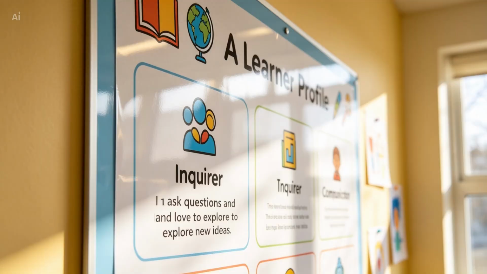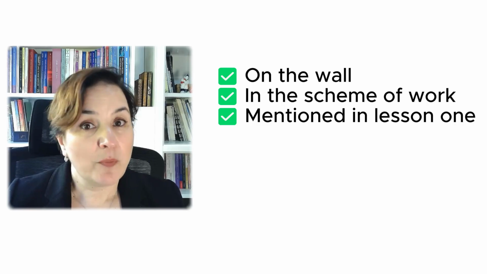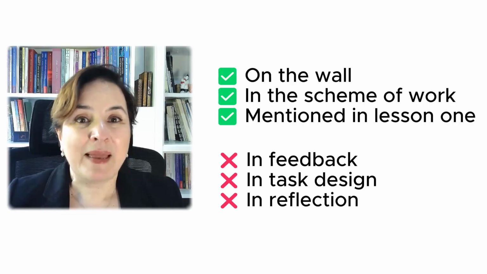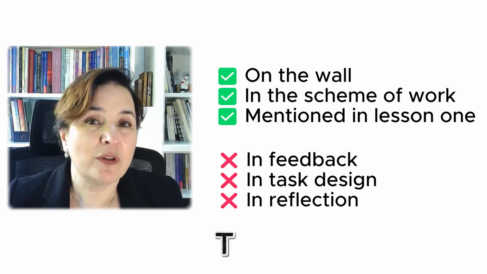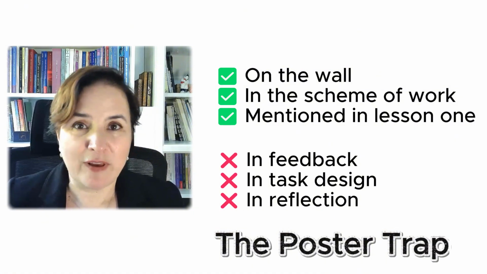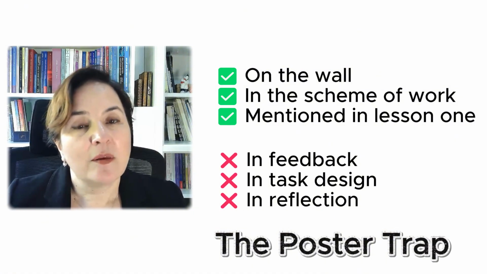I want to name these directly because it's something I see quite often. The learner profile goes on the wall. It is in the scheme of work. You mention it in the first lesson of your unit, and then it never makes it into the feedback students receive, the tasks they are set, or any structured reflection. This is what I call the poster trap.